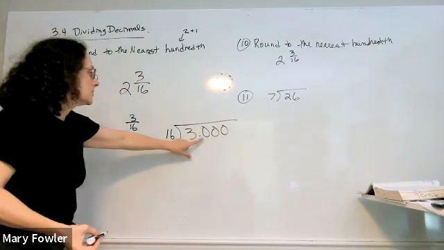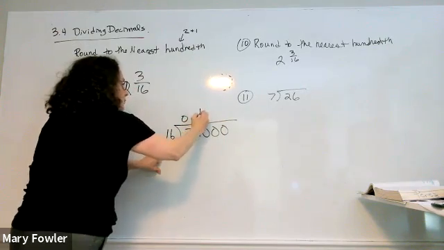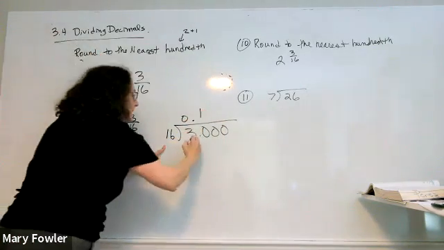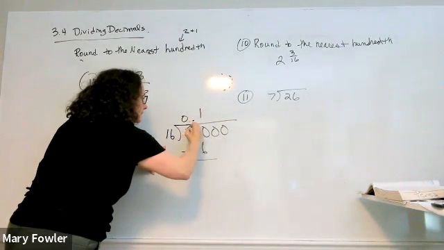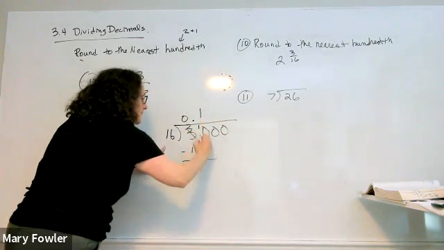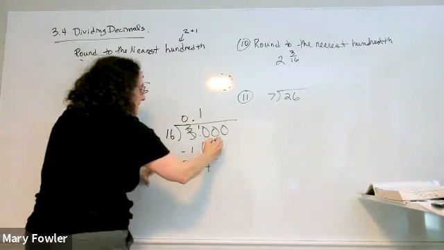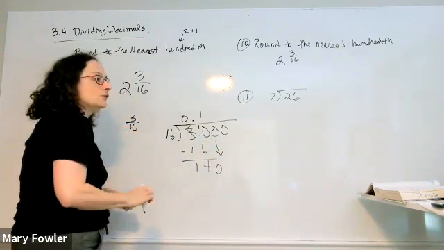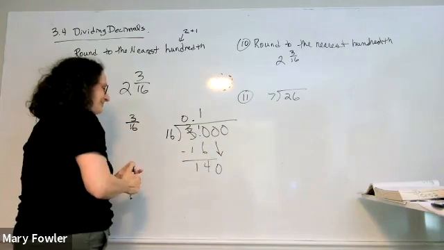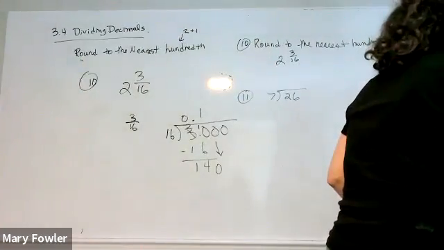Okay, 16 goes into 3. It does not. 16 goes into 30 one time. And let's go ahead and do our subtraction here. Okay, so we're going to bring down a 0 here and continue to work. It'll take a minute. I'm going to pause while I work.